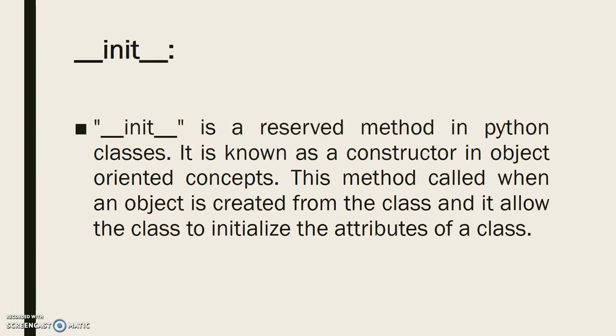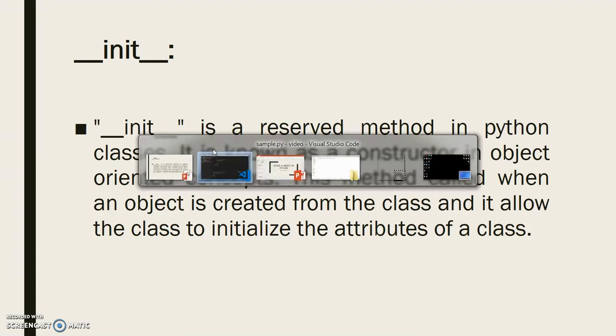And the init method is a reserved method in Python classes. It is known as a constructor in the object-oriented concept. This method is called when an object is created from the class and it allows the class to initialize the attributes of the class.